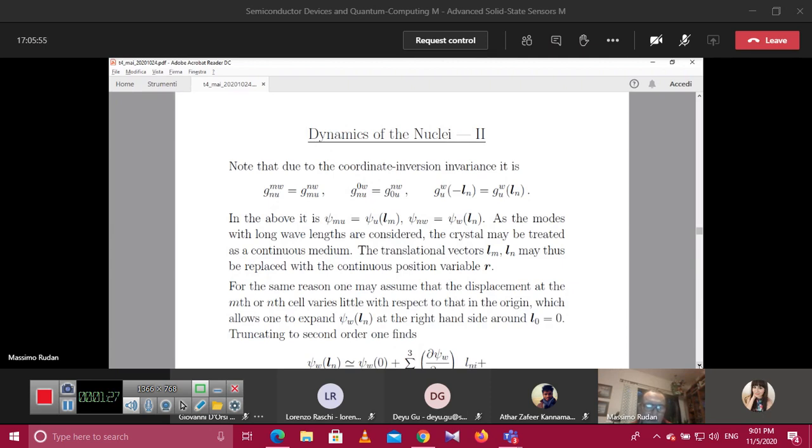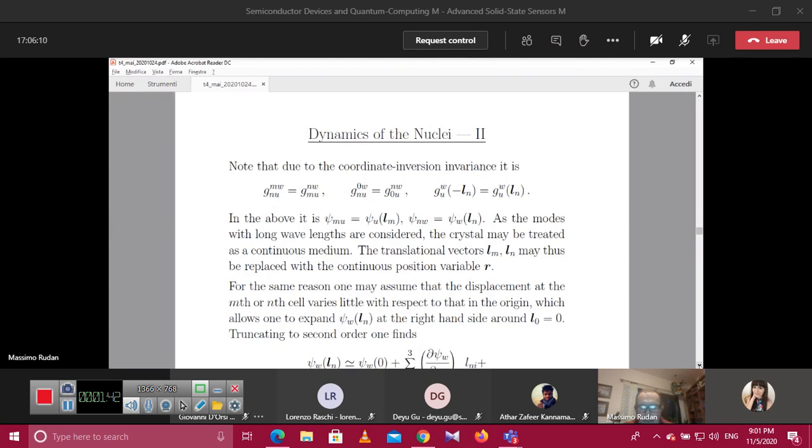So if we exchange the indices of the two cells, nothing changes because the distance is the same. So the first property is the one on the left.